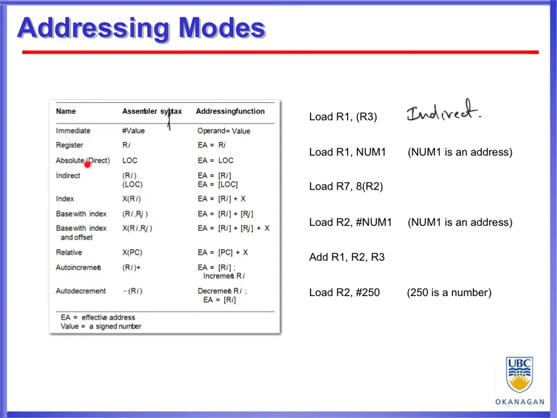Absolute or direct, the syntax just has a location. Well, that would fit. The effective address is that location. This is a memory address. It's just a label for a memory address. So that's exactly what this is, absolute or direct.